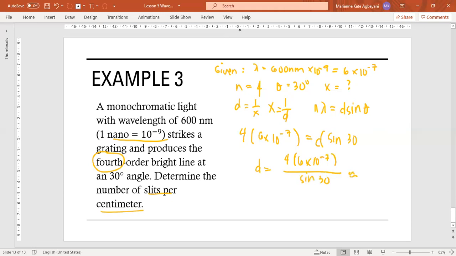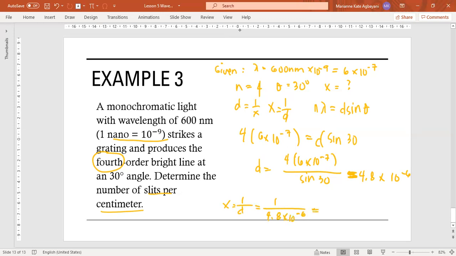So approximate na to atong answer. That will be 6 times 10 to the power of negative 7 all over sine 30, times 4. So that is approximately 4.8 times 10 to the power of negative 6. Now, our x is equal to 1 over d. So x equals 1 over 4.8 times 10 to the negative 6.